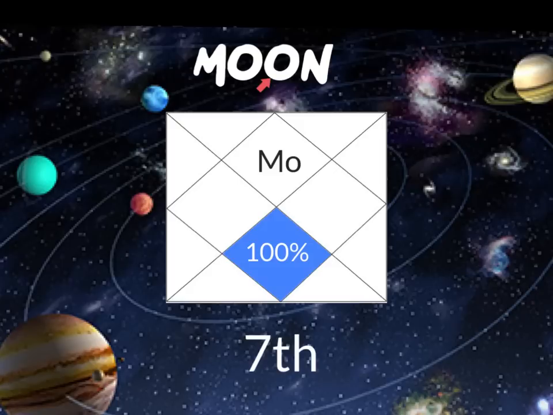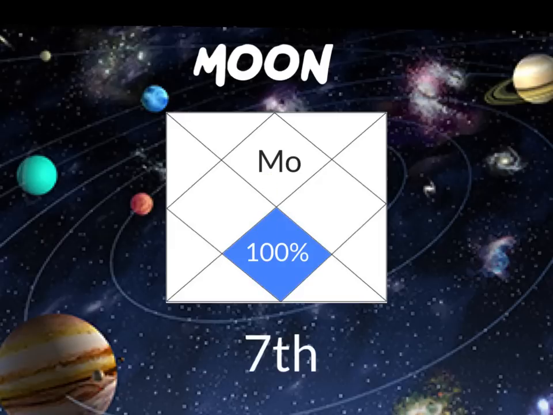Now, the Moon, Chandra, also has full Dristi on the 7th house, 7th away from Moon. There is so much desire here, and Moon is society. Moon's 7th house can give a certain amount of popularity. Moon's 7th house is where we relax a little bit, hopefully, where people are drawn to us.